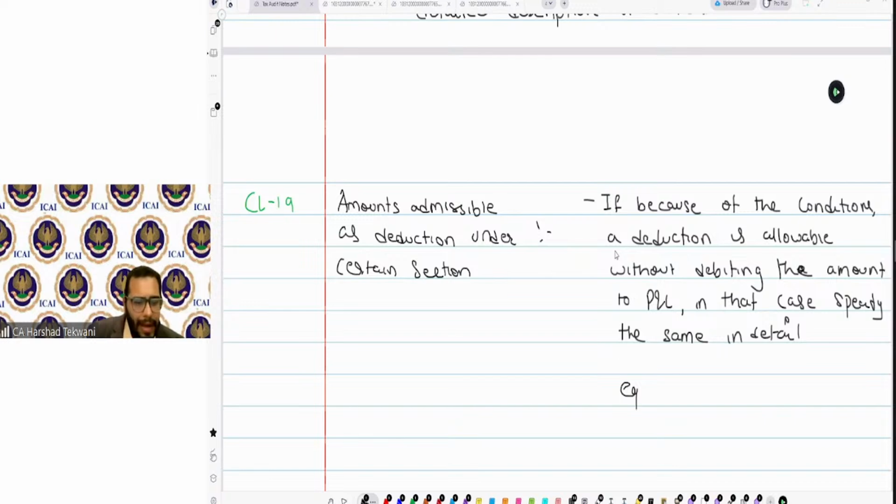And if I give you an example, the classic example will be section 33AB and 33ABA.